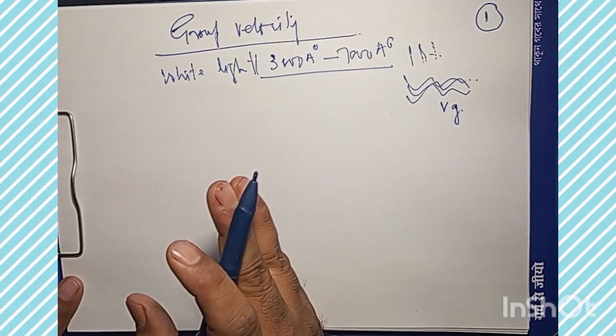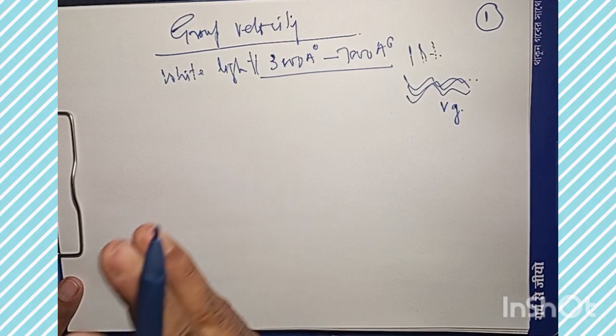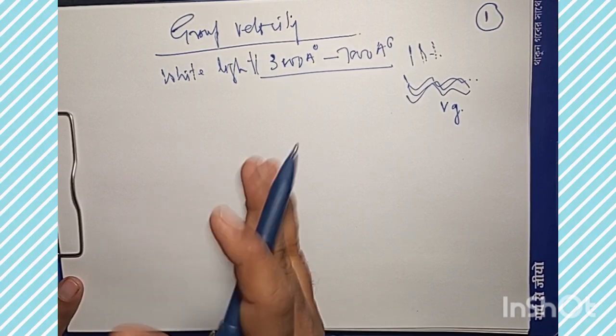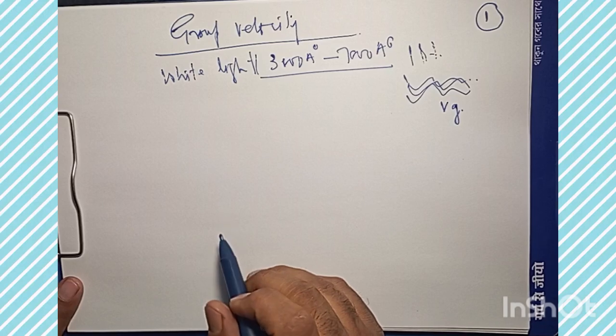And the importance of group velocity lies in the fact that this is the velocity with which the energy in the wave group is transmitted.